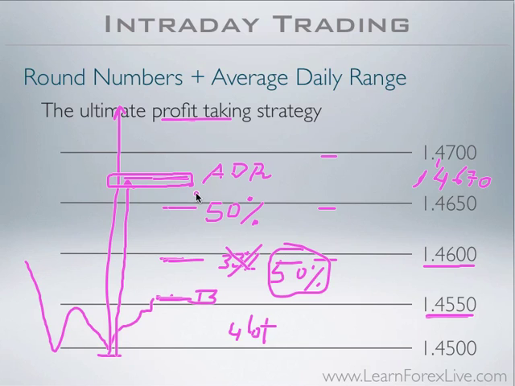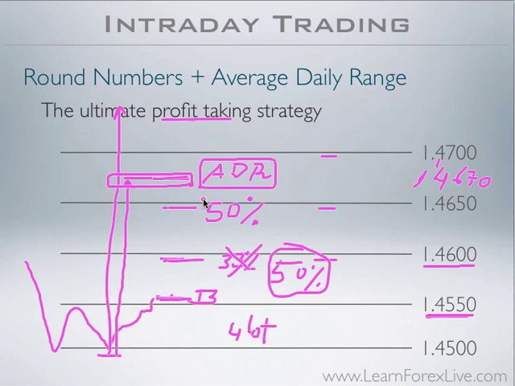Please mind that the average daily range, as already established in a previous video, basically pinpoints exhaustion levels from a statistical point of view. So you don't really want to stretch your final target all the way to the exhaustion point, right to the pip.